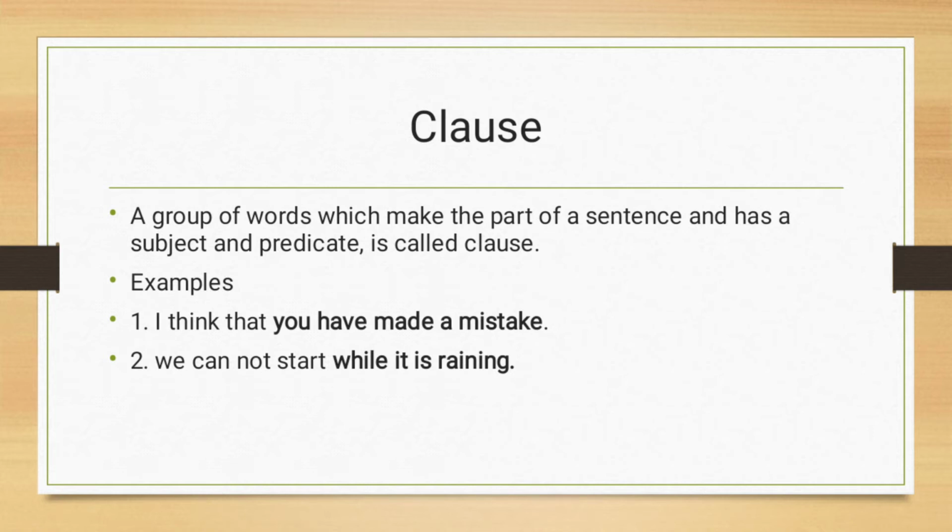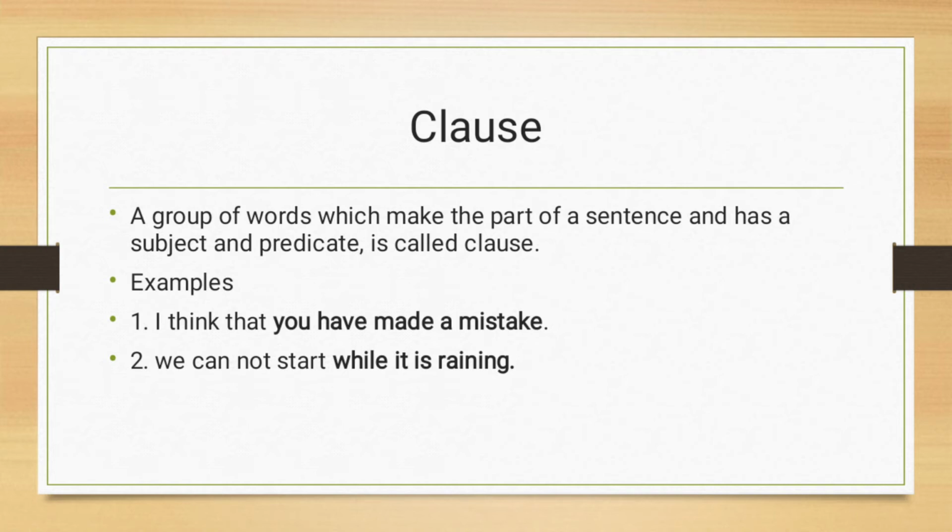Examples: I think that you have made a mistake. We cannot start while it is raining. In these two sentences, the bold words, like in the first sentence, we say, I think that you have made a mistake.